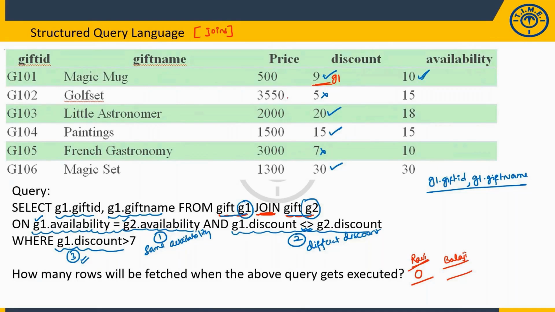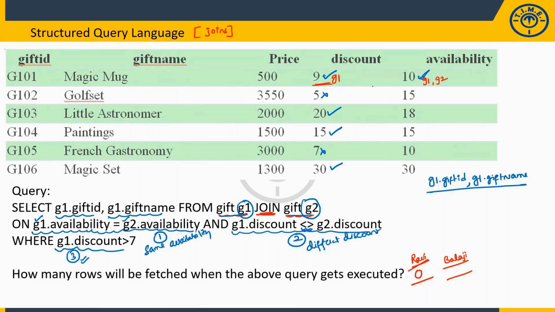That means 6 times 6, 36 combinations to be verified.